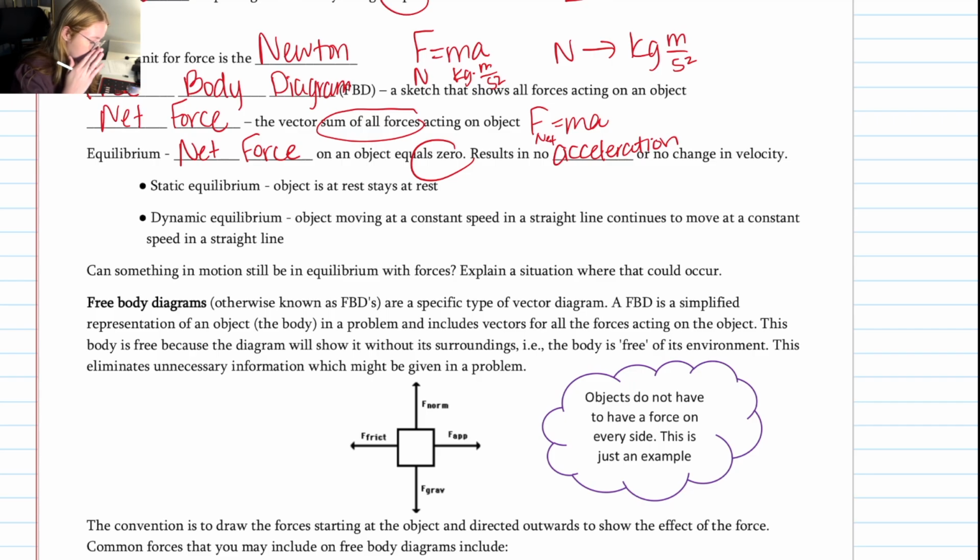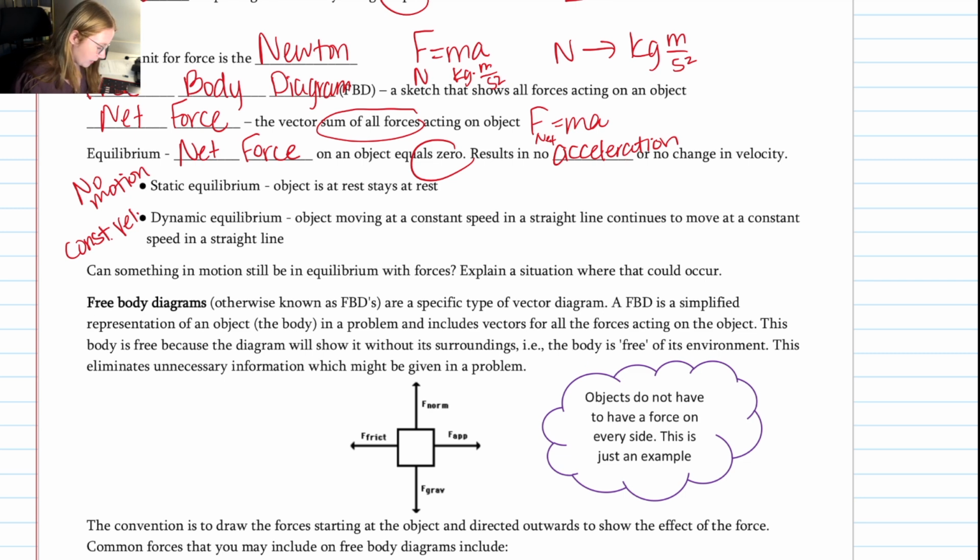And so that's where we get the two types of equilibrium to differentiate. We have static, which is no motion, and then dynamic is if you have a constant velocity. So if you have a constant velocity, there's still no acceleration. And if you don't have an acceleration, you don't have any unbalanced forces pushing or pulling on that object.